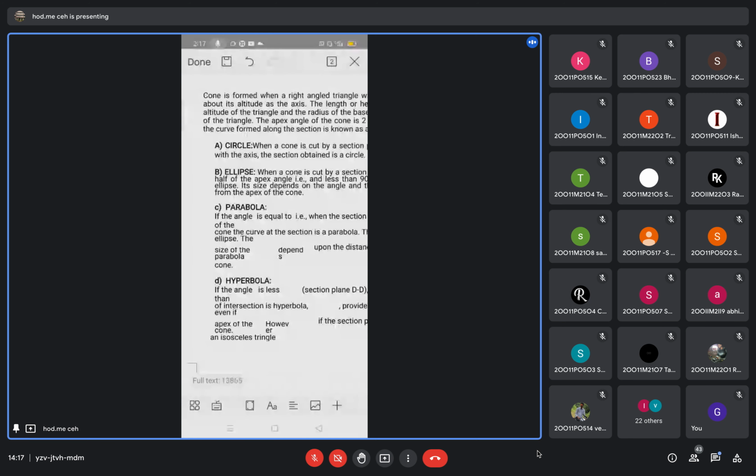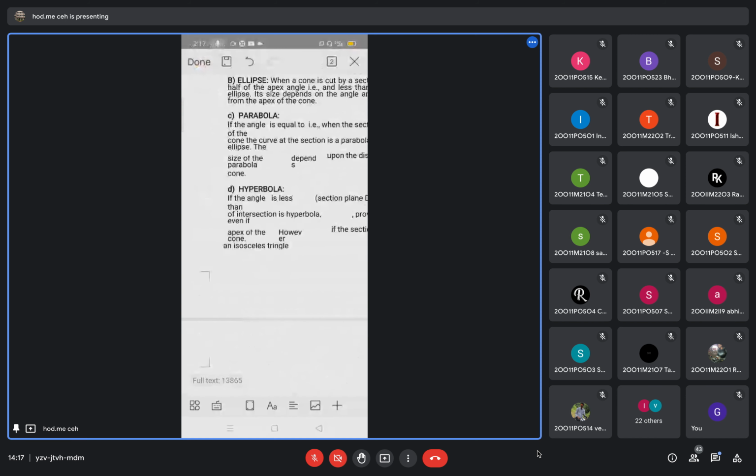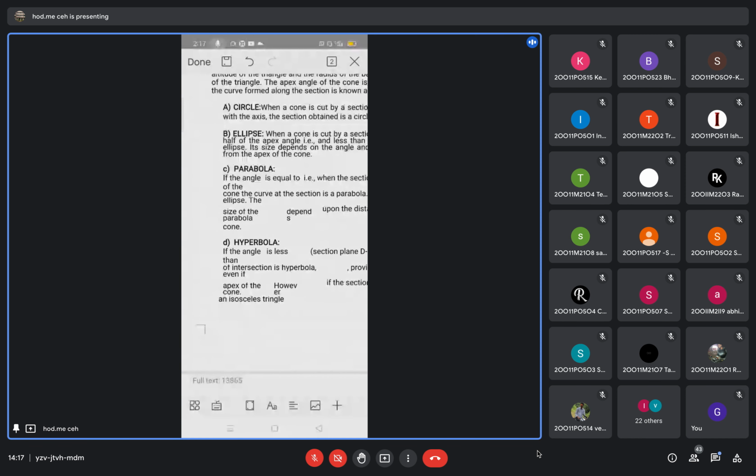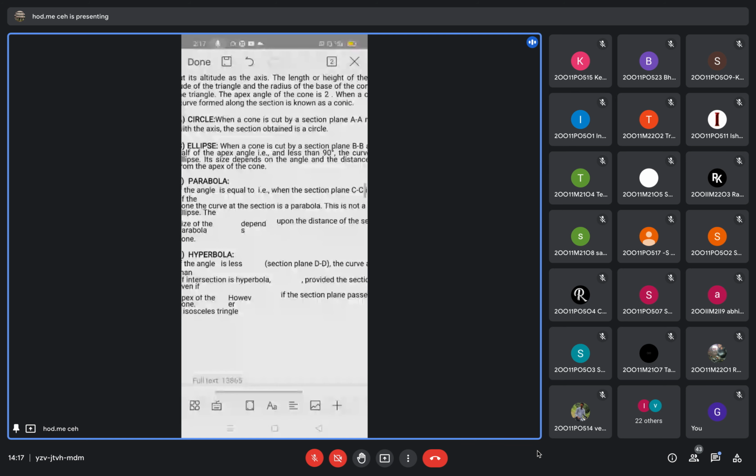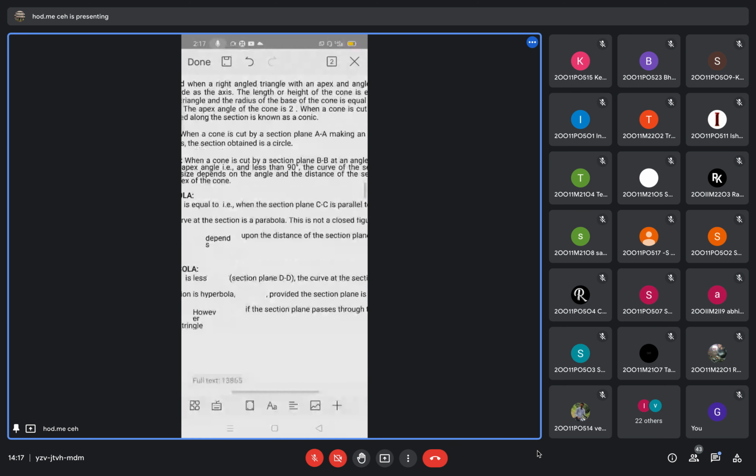When the cutting plane is inclined to the axis of the cone and is parallel to the line joining the apex to a point on the circumference of the base, the curve of intersection is a parabola. The next is a parabola. If the angle is equal, the section plane is CC.